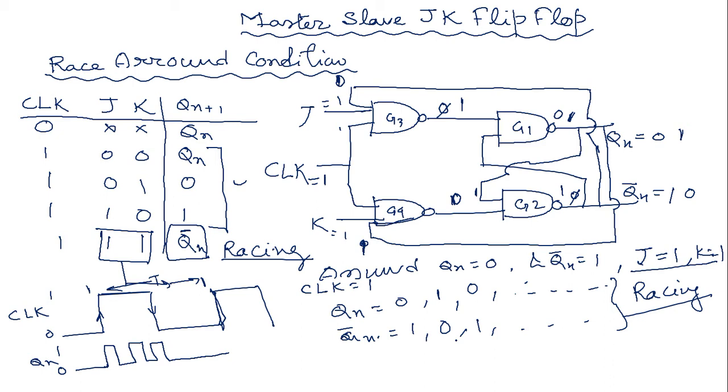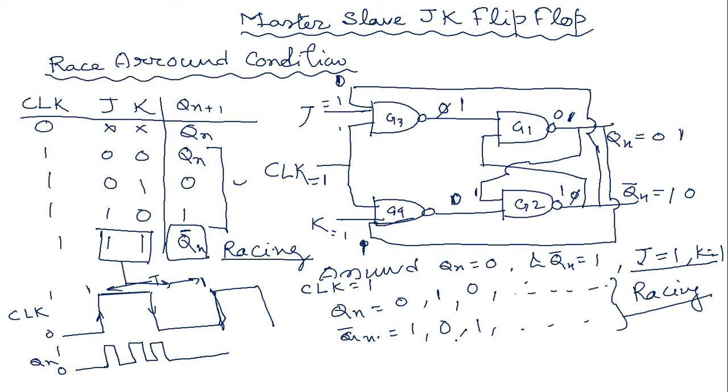So when J equals 1, K equals 1 and clock equals 1, we can observe multiple changes in the Qn and Qn complement. If I place two LEDs at Qn and Qn complement, we can see the LEDs glowing on and off continuously.